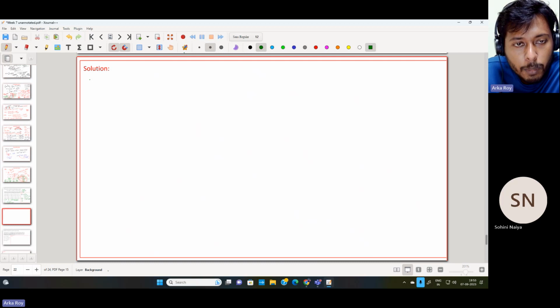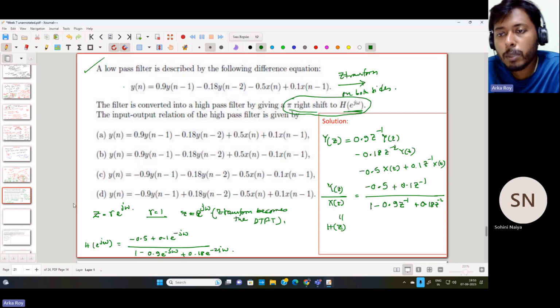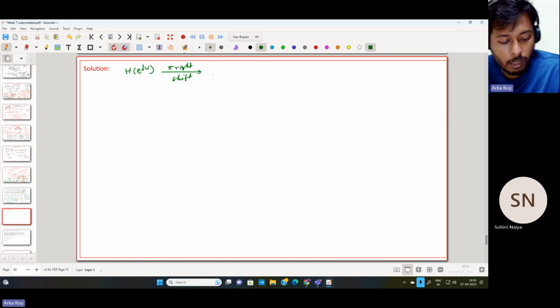And now we have been given in the question that we'll be providing a pi right shift. So pi right shift means if we have been given H(e^jω), then pi right shift will give me H(e^j(ω-π)).